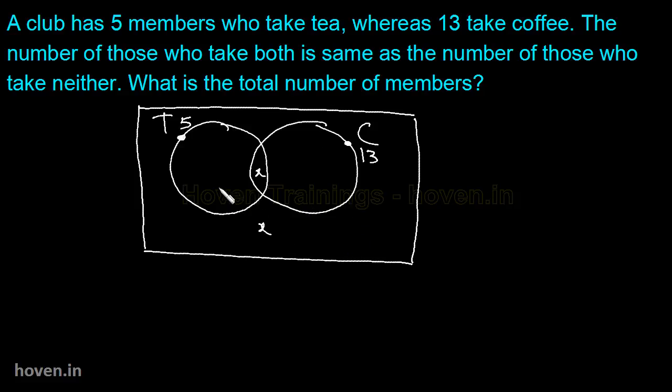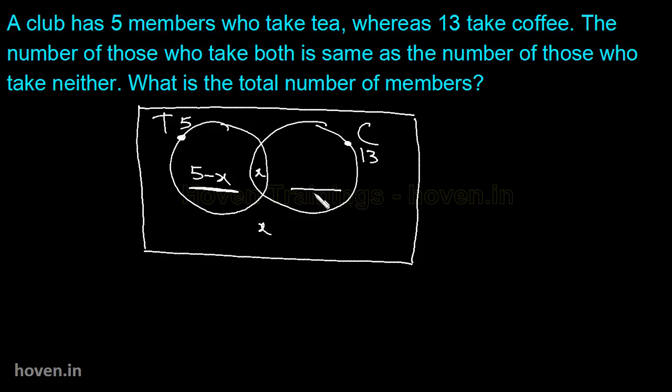So okay, in this method, we have to write here those that take T only. So we can easily see that it should be the whole circle minus X, and we can write it as 5 minus X. On similar lines, those who take coffee only are written at this point.